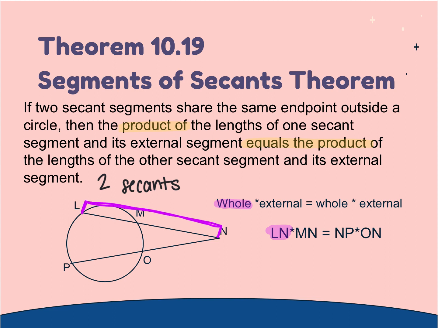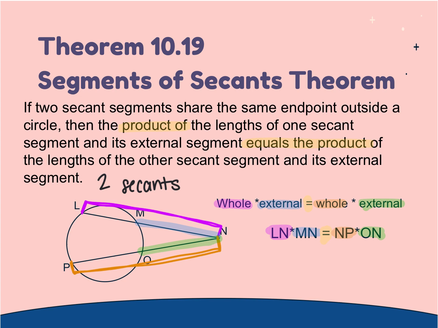My whole times my external, which I'm highlighting in blue, equals my whole line, which I'm going to draw in orange, times my external. We should be able to know which one's external, which I'm putting in green. Okay, that's how you're solving it.